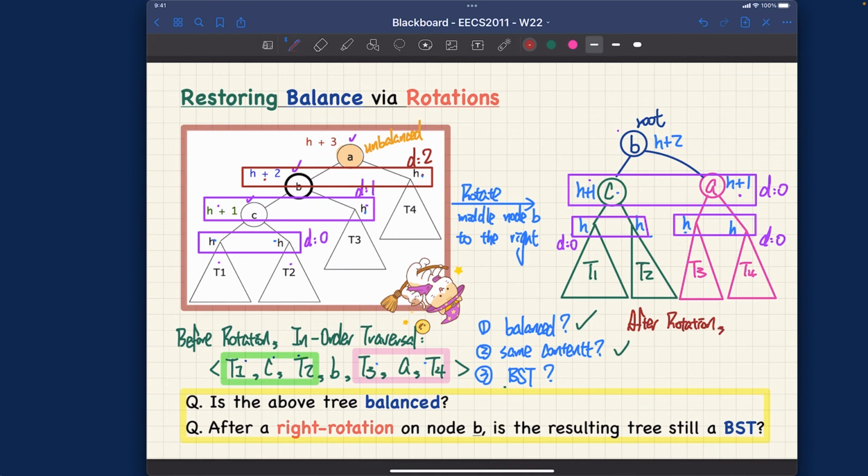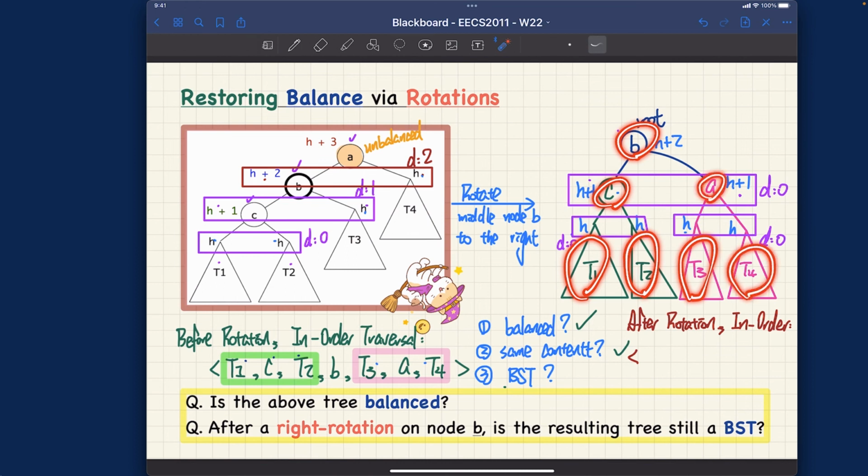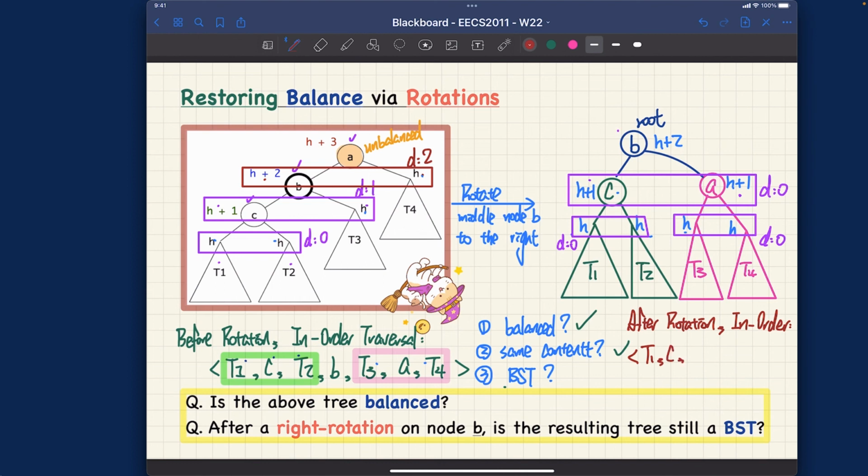We got the in-order traversal. In-order traversal is going to become, let's see, how's it going to happen? T1, C, T2, B, and then T3, A, T4. Agree? That should be T1, followed by C, followed by T2, and then B, and then T3, followed by A, followed by T4. That'll be the in-order traversal.